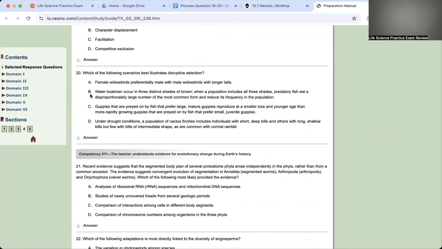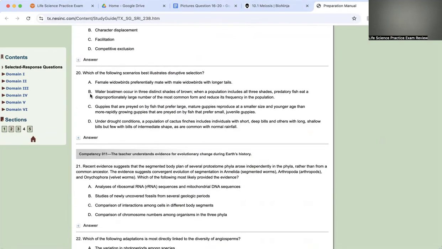This is going to be an example of directional selection because this scenario is illustrating selection in which there is a shift under these predatory conditions towards more rapidly maturing guppies. So we're shifting in that direction of more rapidly maturing guppies as opposed to the other extreme. So it's shifting in one particular direction. So that's going to be directional selection. So it's not going to be C.